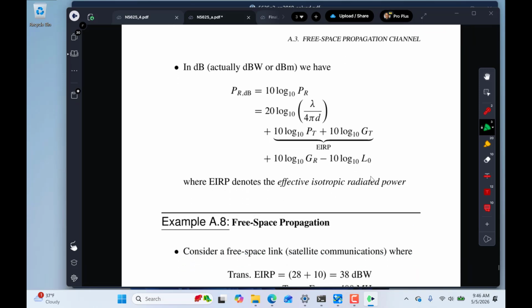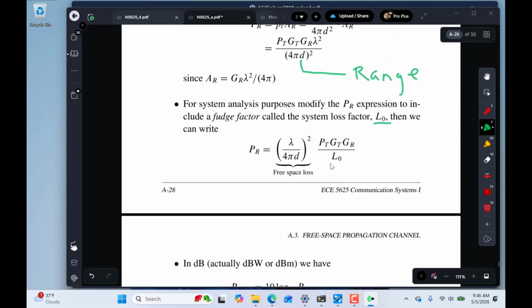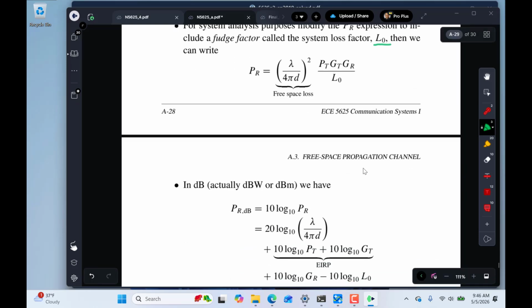So putting that together now, the P received in dB is 10 log base 10 of the P received, which is a ratio. Now start plugging in the rest of the terms for PR, coming from the equation up here. We have 1, 2, 3, 4, 5 terms if we want to think of it in terms of working in dB. The 2 here gives us a 20 log base 10. So that's your free space loss in your channel model.